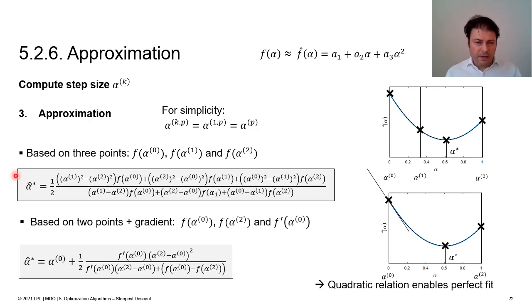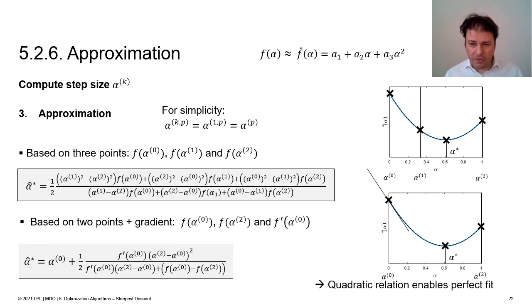The formulas which are a result of that fit, depending on your values of alpha and the function values evaluated at those positions specified by alpha, are this. And for the second method, they read like this.